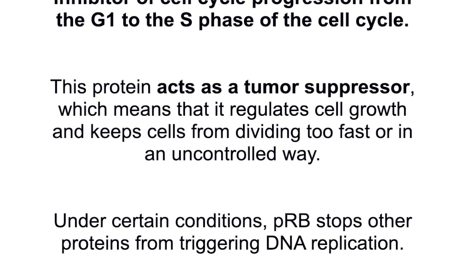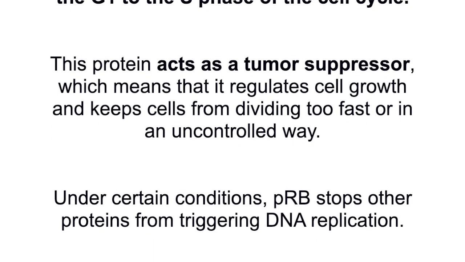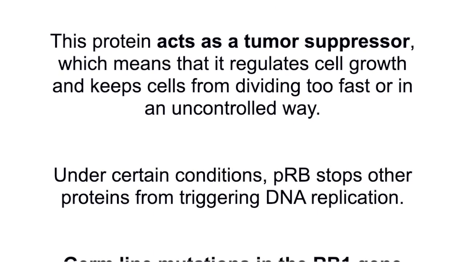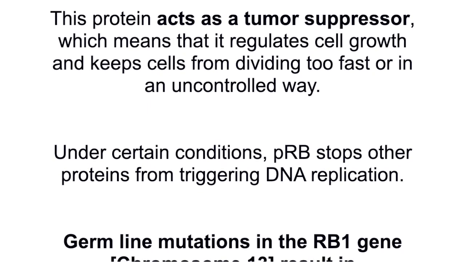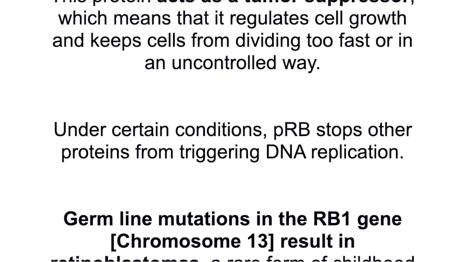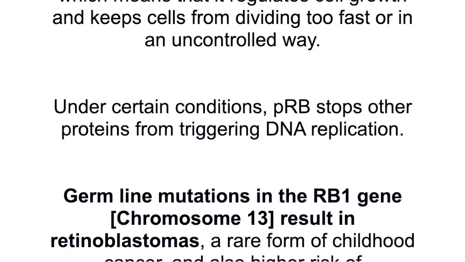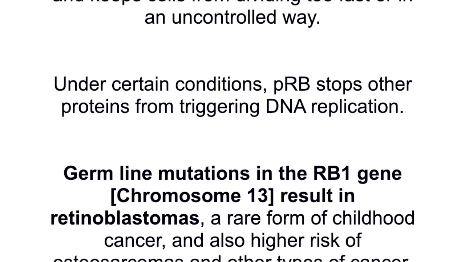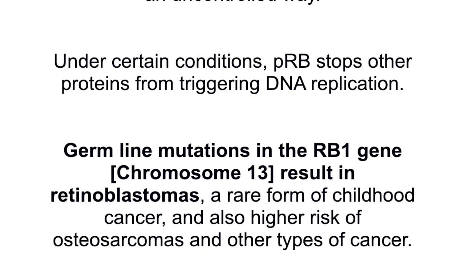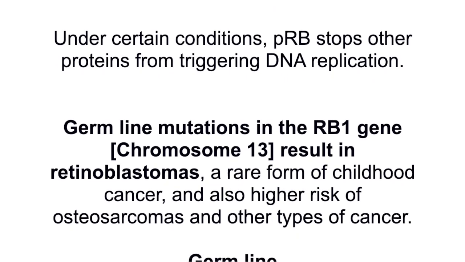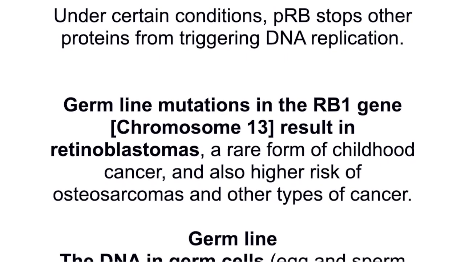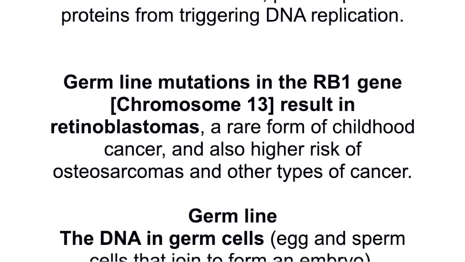Under certain conditions, pRB stops other proteins from triggering DNA replication. Germline mutations in the RB1 gene, that is in chromosome 13, result in retinoblastomas, a rare form of childhood cancer, and also higher risk of osteosarcomas and other types of cancer.